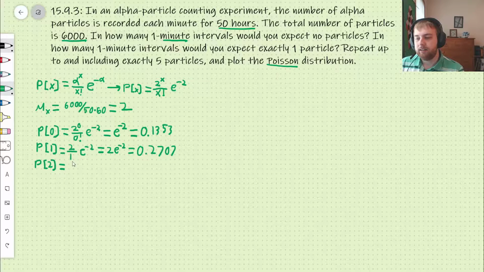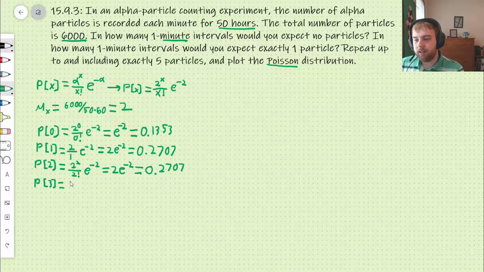What about 2? This is actually our expected value, if you remember. It's going to be 2 squared, or 4. I'll just write 2 squared over 2 factorial, e to the negative 2, which is going to be equal to the probability of 1, actually. Probability of 3 particles per minute.